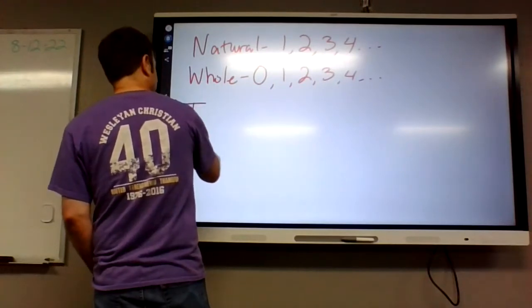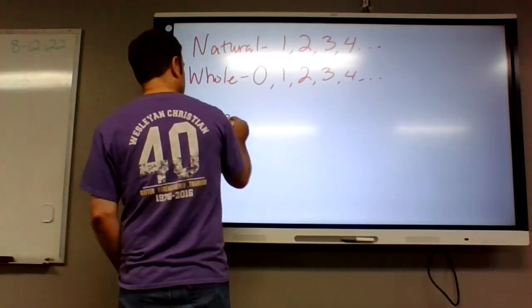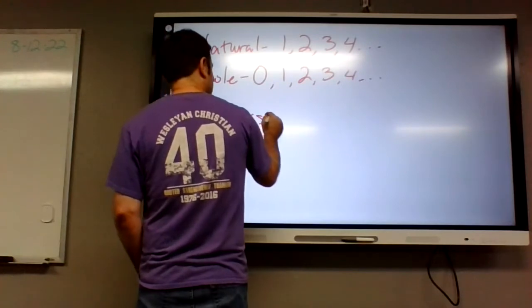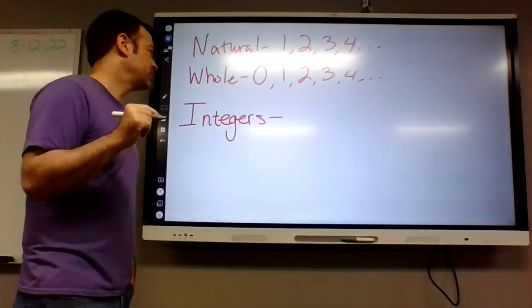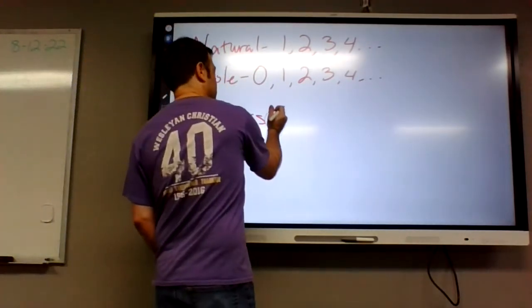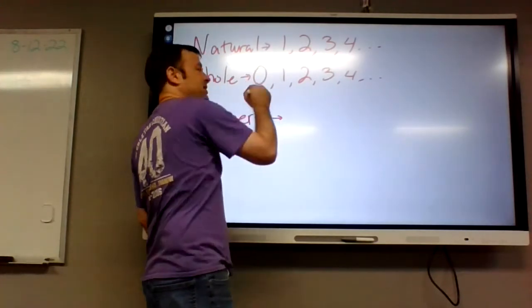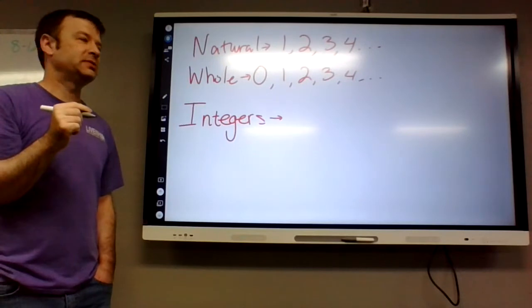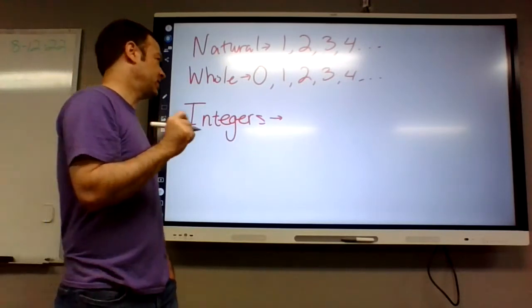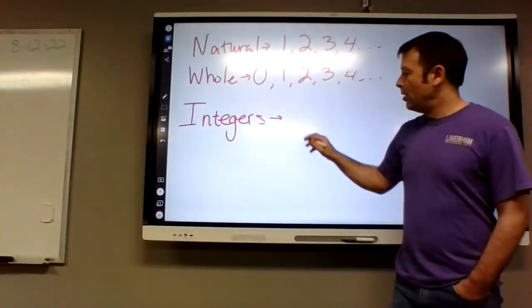After that comes integers. Maybe I should be using that symbol. Anybody know what integers are? Well, I know you've used them before. You might not remember the name of them.